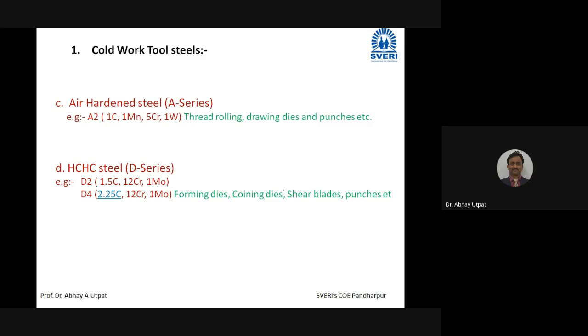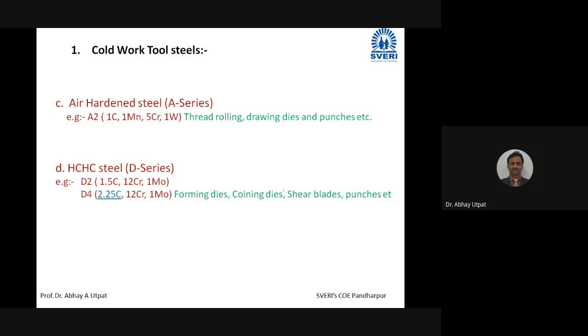If you cool it in water, you can form martensite plus alloy carbides, but then you unnecessarily come across stress cycles and the chances of cracks are more. If sufficient hardness is achieved just by cooling in air, why go for an unnecessarily severe treatment? That's why air hardened steels should not be water hardened. This is the answer to question number 1.